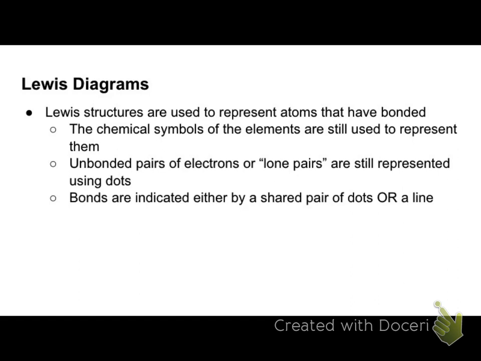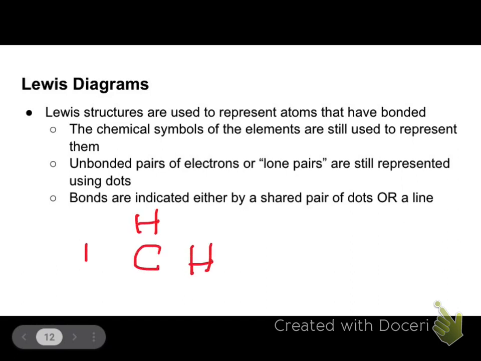So for example, if I was going to draw carbon bonded to some hydrogens, I could either draw 2 dots between each hydrogen and carbon, which would look like this, and it's fine, but it is a little bit messy. So instead, a lot of people prefer to draw a line to represent your bond.